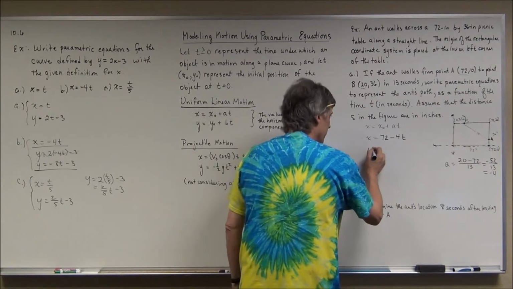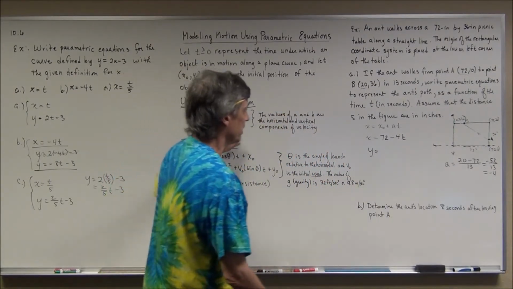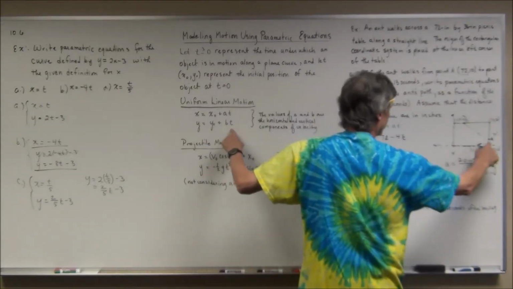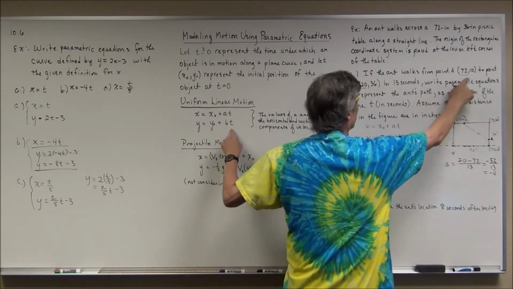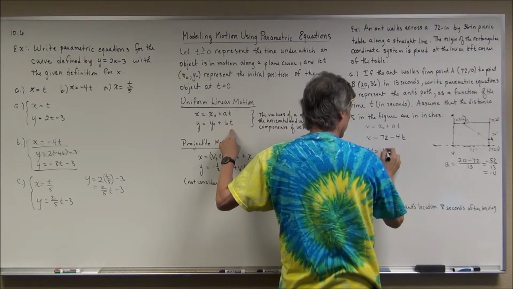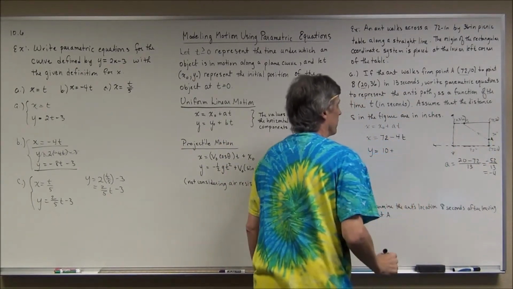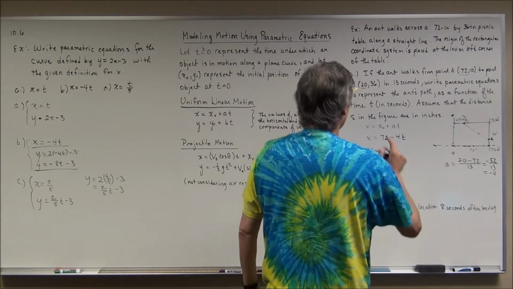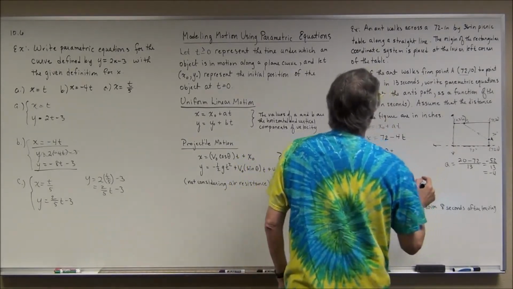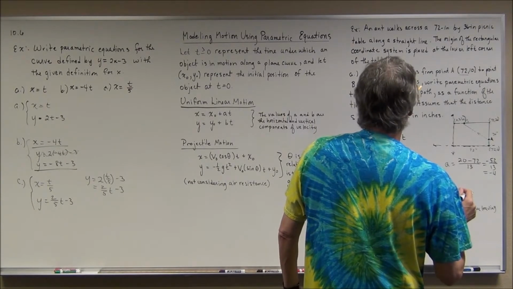Now y, which is y sub 0 plus bt. y is starting at an initial placement vertically of 10, and it's going up, so this should be positive. We're going to go from, let's see, hang on a second, I almost messed that up. No, I didn't.